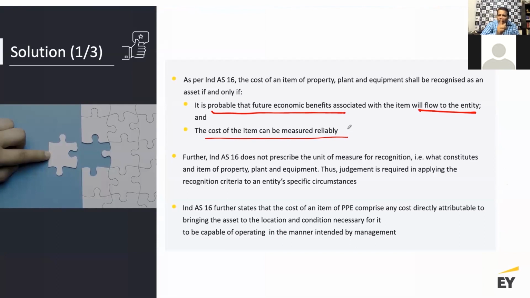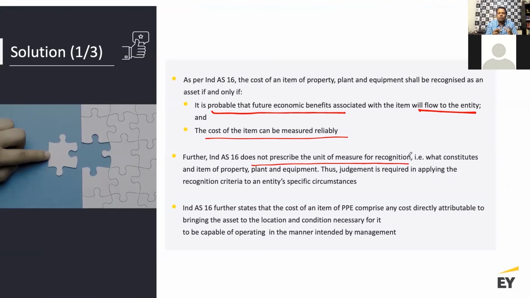That is step number one, if the recognition principles are met. Now, Ind AS 16 doesn't prescribe the unit of measure for recognition. So for the unit of measure, you again look at whether you need to look at components. Do I have a part which is significantly different in life or significantly different in value?